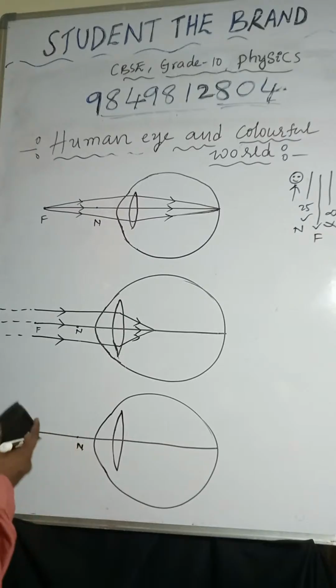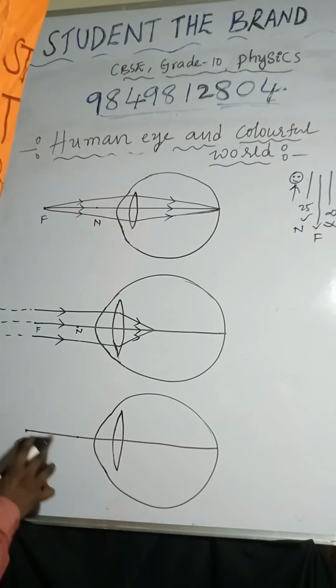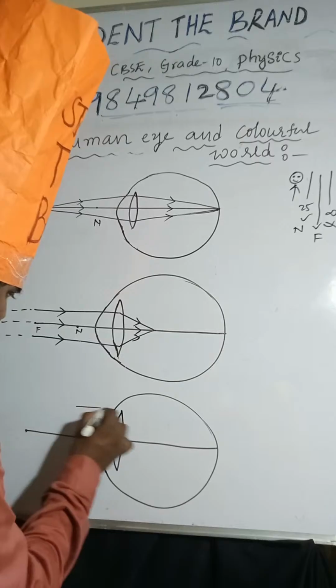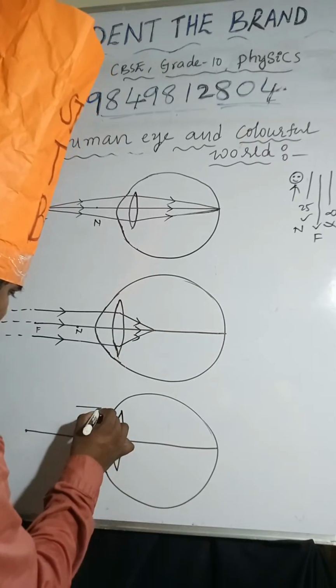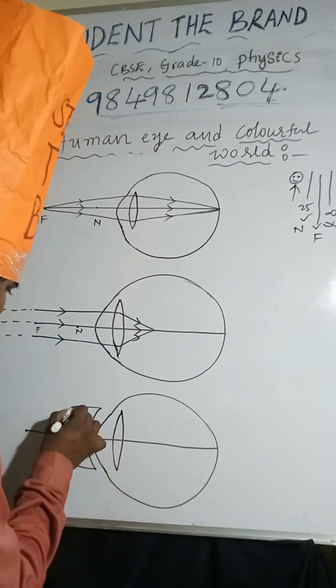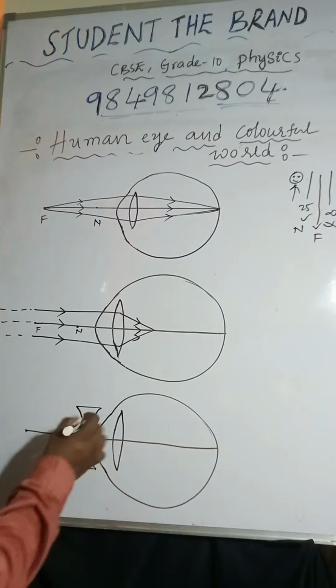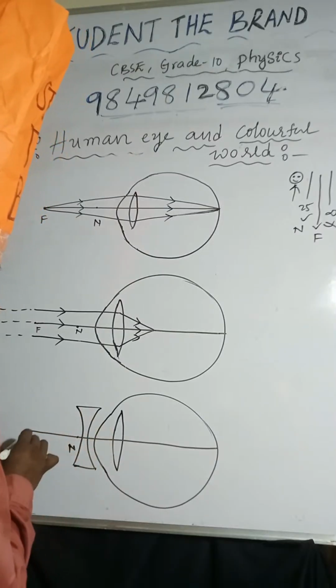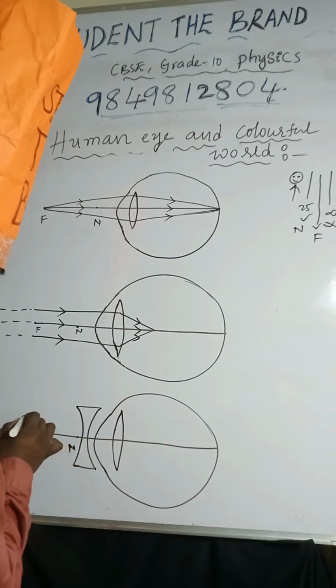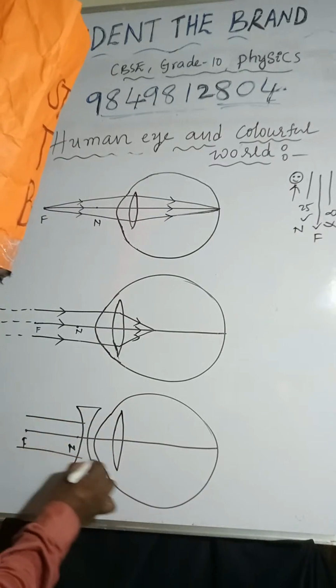So what type of lens are we using? Concave lens. This is the concave lens. So this is N and this is F. Light rays are coming here after diverging.